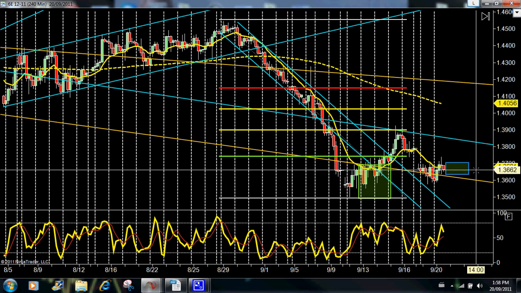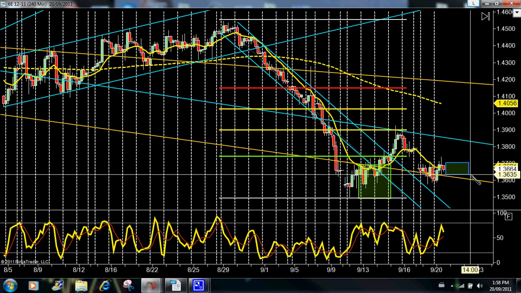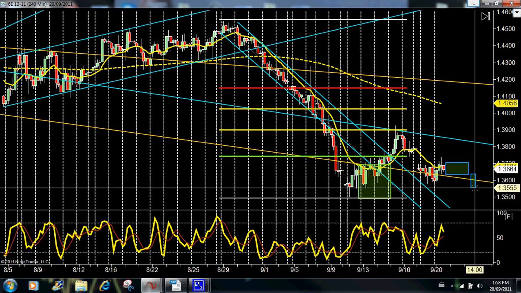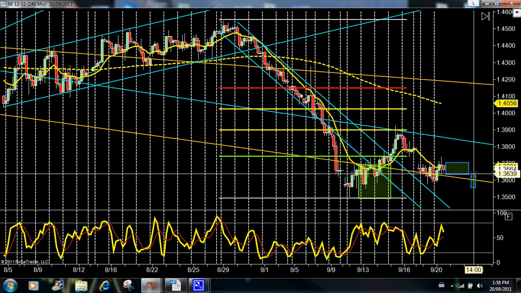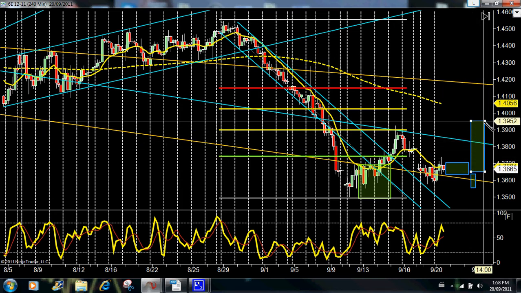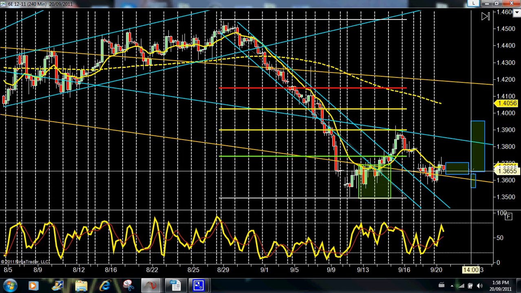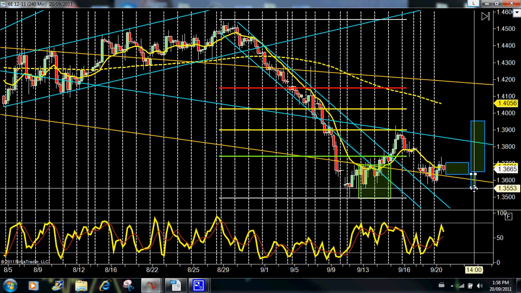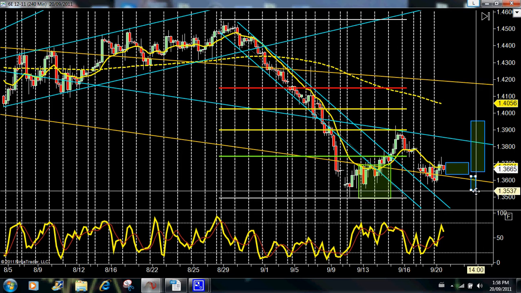And then right at the time we should go down here, and then up higher. US federal funds rate stays the same, so the euro will basically push down, maybe even lower.